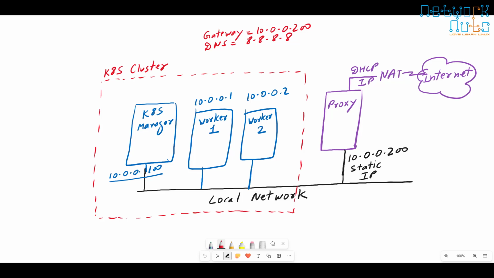So I have to tell components like my package manager, APT, my operating system, and I will be installing a container engine also here. Any container engine, we will be using CRI-O container engine.